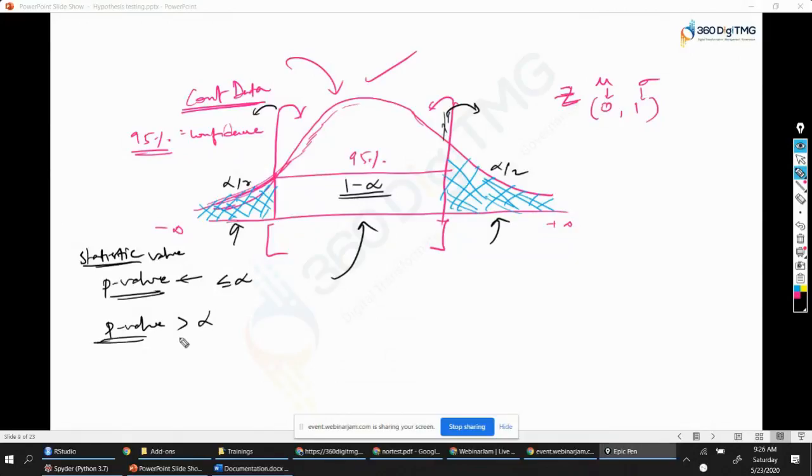And this p-value is read as the chance of going wrong if you take action, if action is taken.